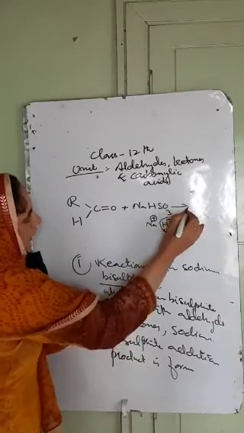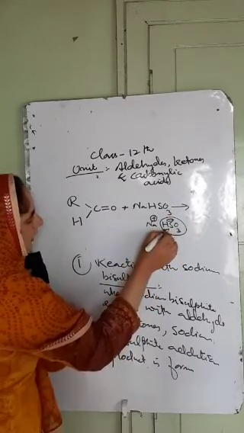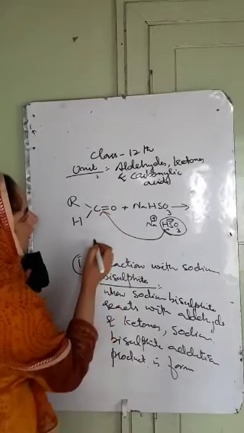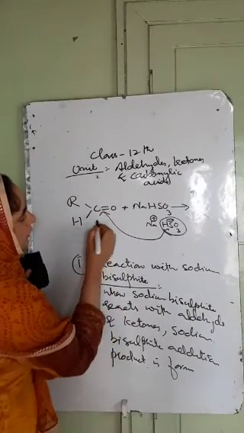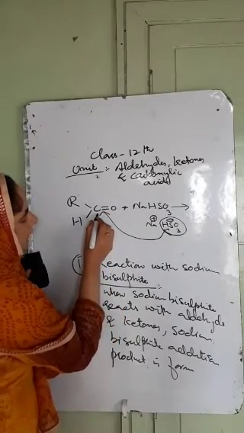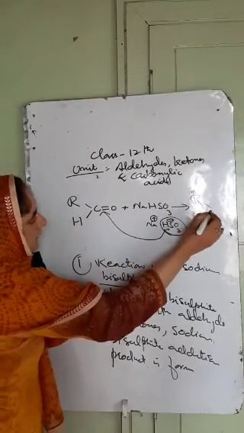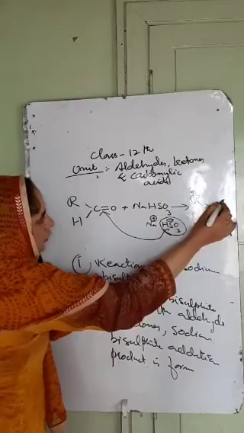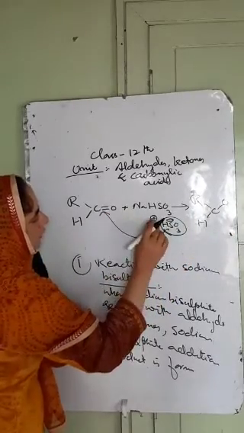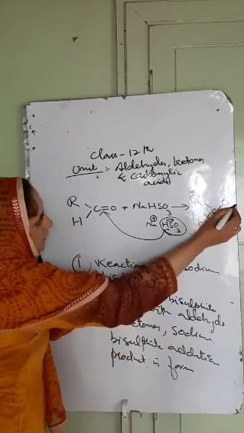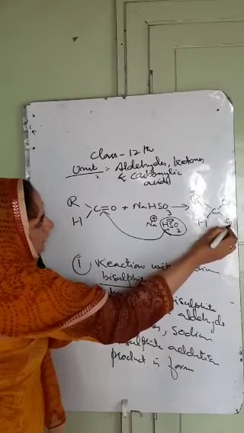This HSO3 negative will attack the carbon of the carbonyl group and form R, H and C. It is O, and this O negative will react with Na positive, and we have SO3H.